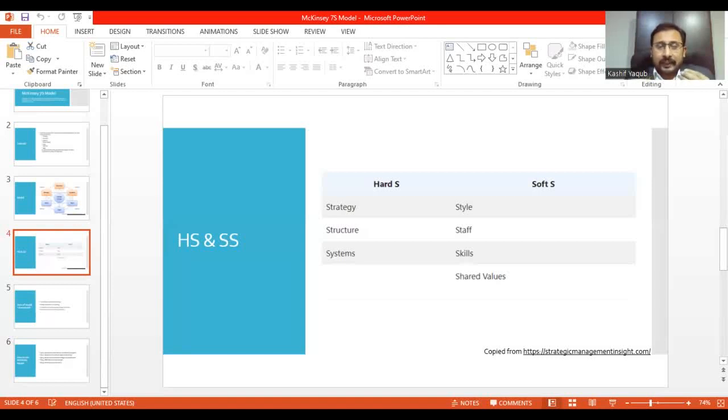In other words, we can say that it is the management style of the company leaders. Let's move to the next one, staff. Staff is the element concerned with what type and how many employees in the organization are needed, and how they will be recruited, trained, motivated, rewarded, and compensated.